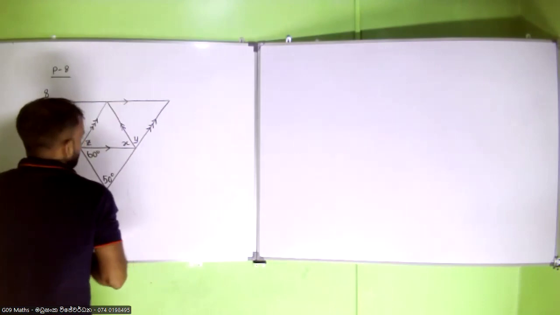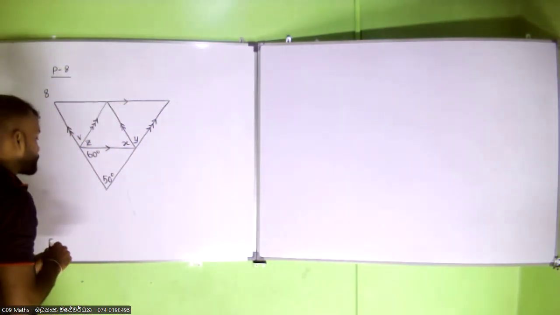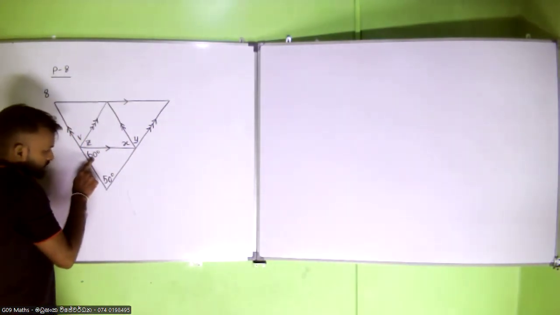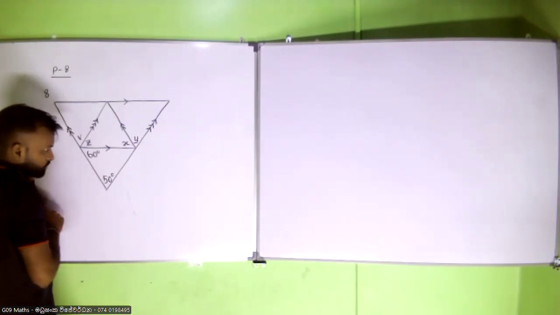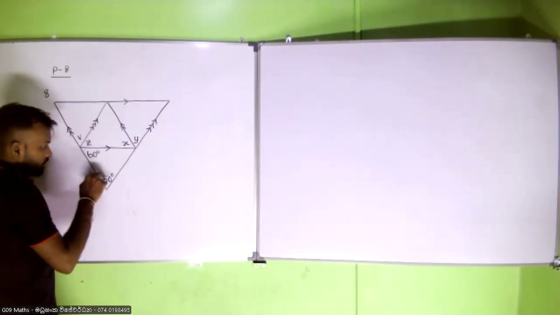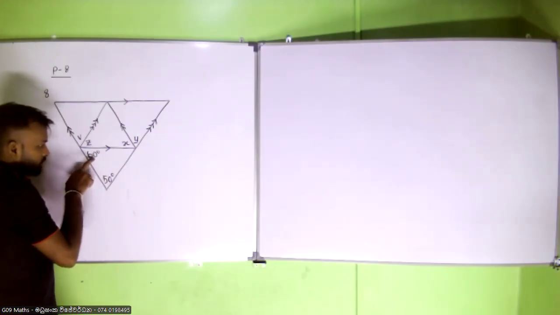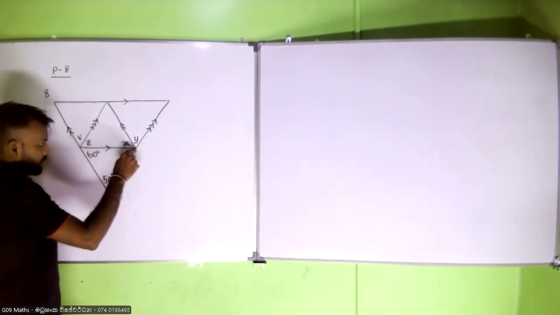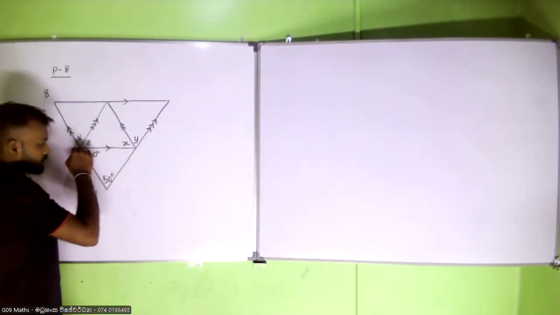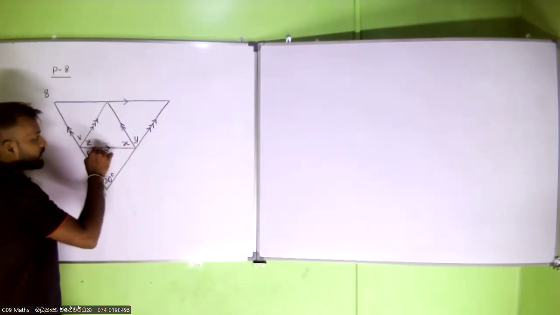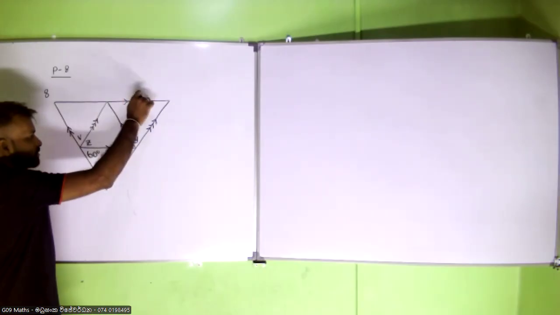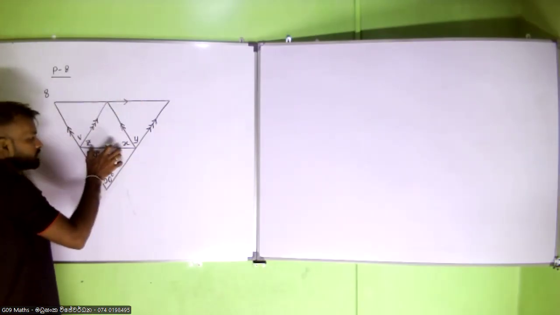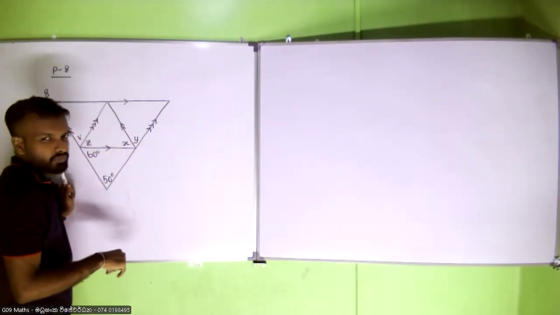By looking at this, this is 60. This is 50. This one is 60. Here you have a parallel line, but the next parallel line is here, so no need to take care of that.